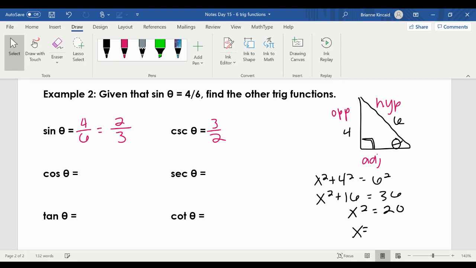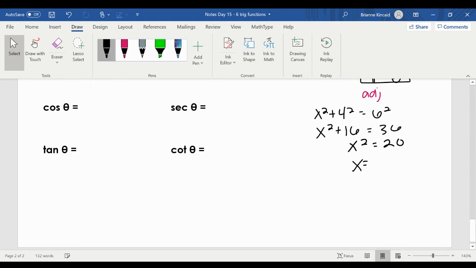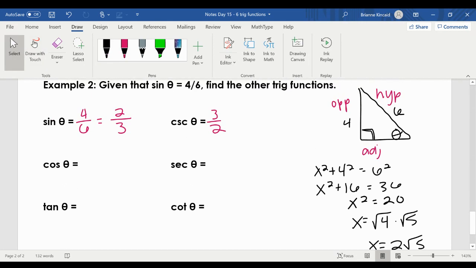Now, we need simplest radical form because 20 is not a perfect square. So the biggest perfect square that goes into 20 is 4. 4 times 5 will get you to 20. We do this because 4 is a perfect square, so it's 2 radical 5. And then we can finish out the rest.